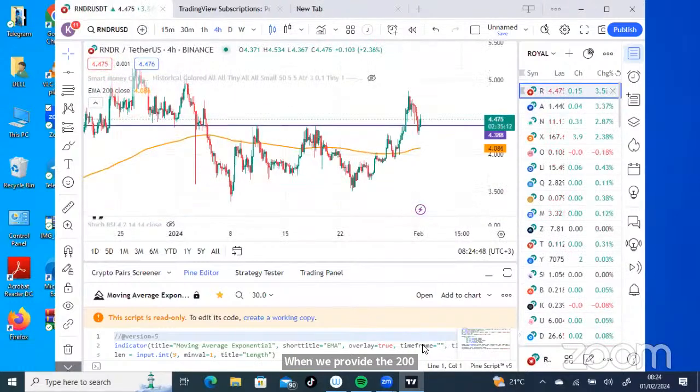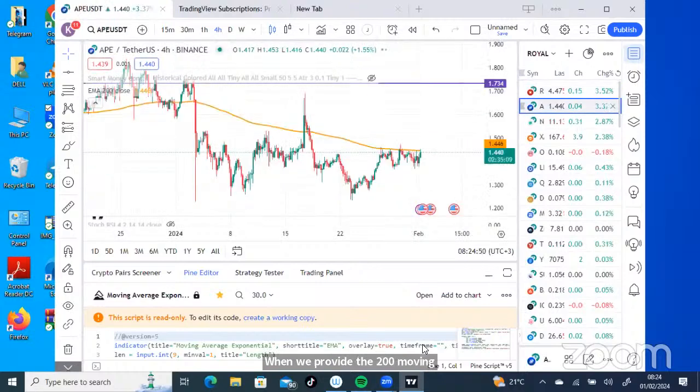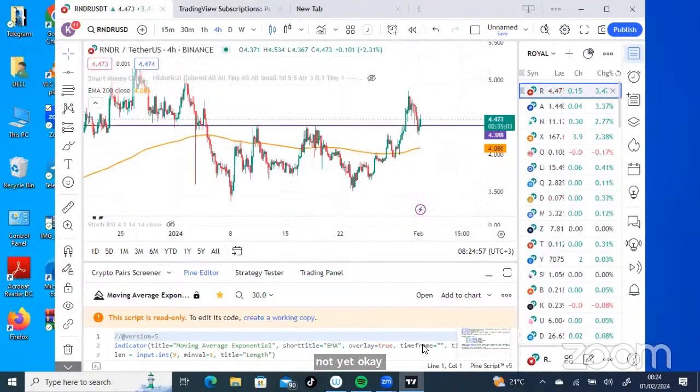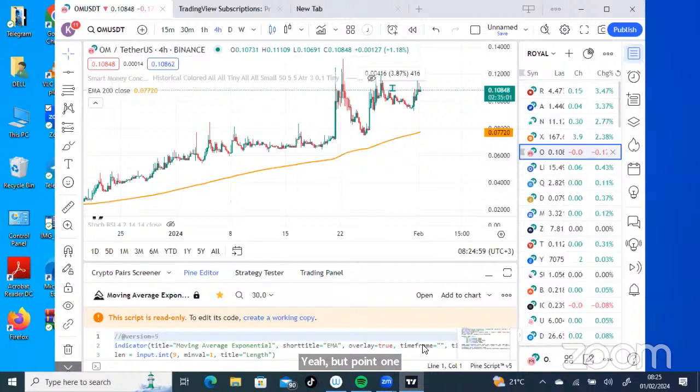Like you see here, coin 1, but coin 2 things are not yet okay. But coin 1 things are okay. If you check another coin, OM, I don't know, I haven't read about this coin so much. But you have got the difference.